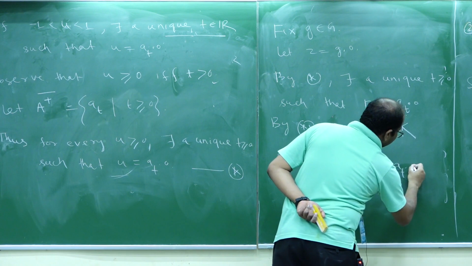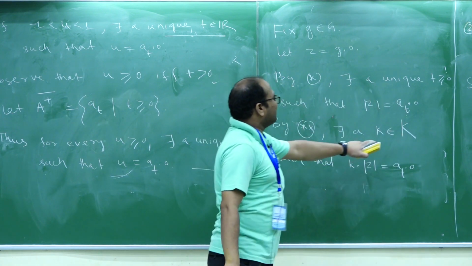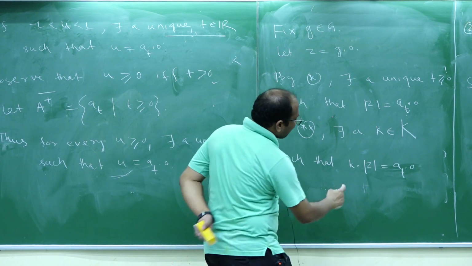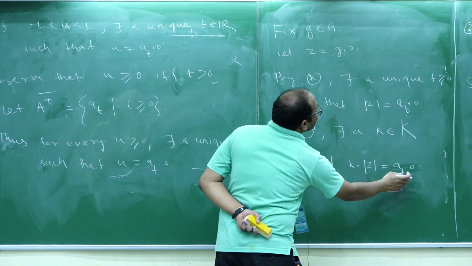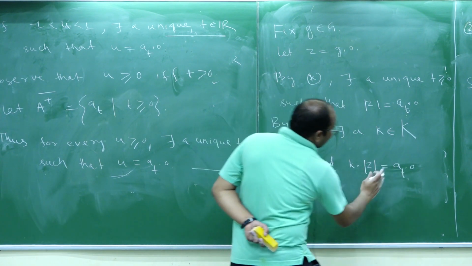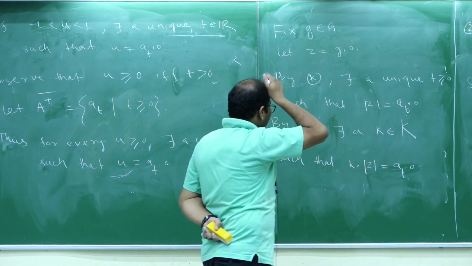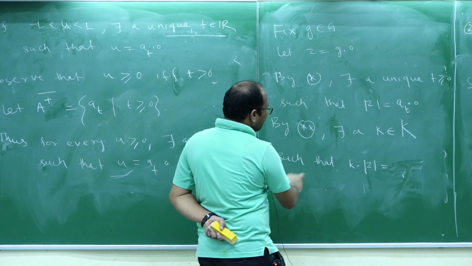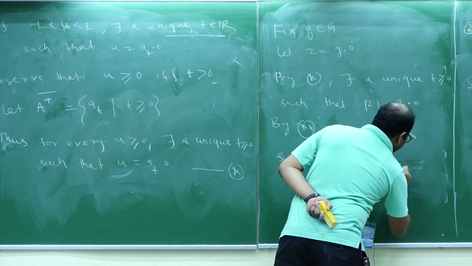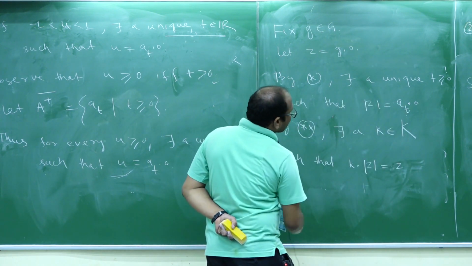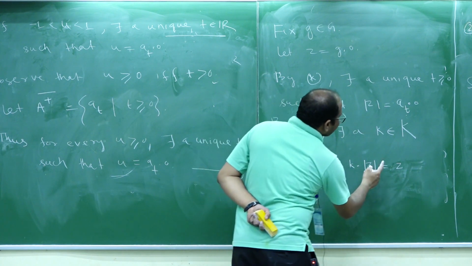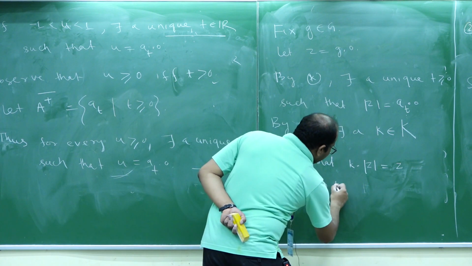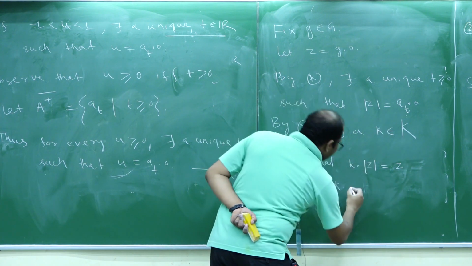So this k may not be unique, but we will discuss when that will be unique. So by double step there is a k belonging to K so that k·z is equal to mod z. And mod z is what? a_t·0, right?